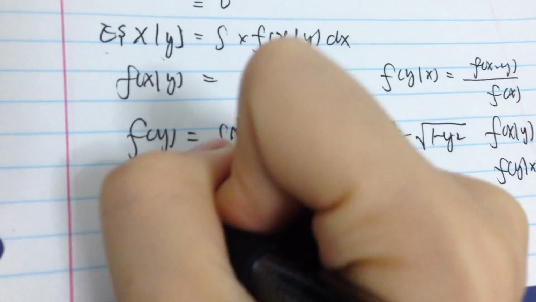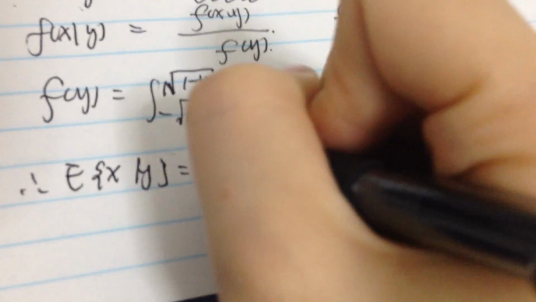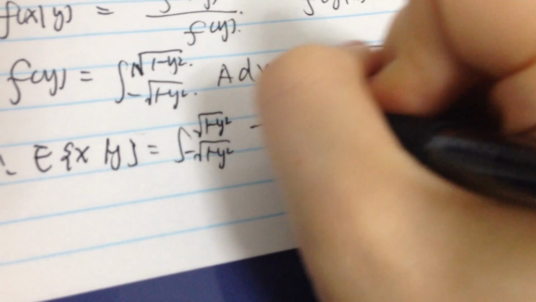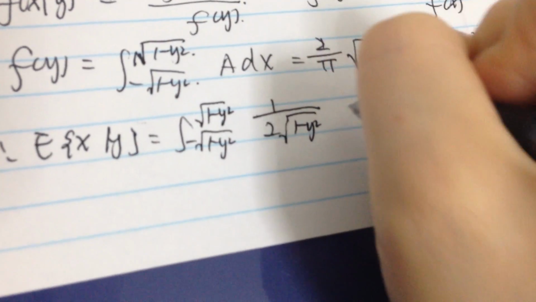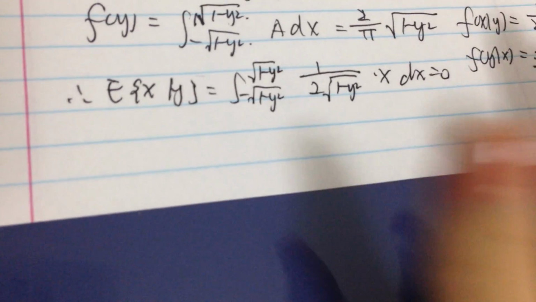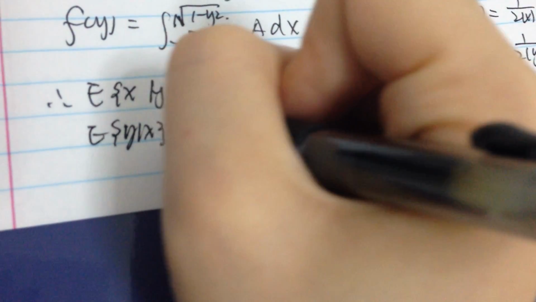So here we could calculate the conditional expectation. So it's 0. Use a similar way to calculate that. So all the expectations here will be 0.